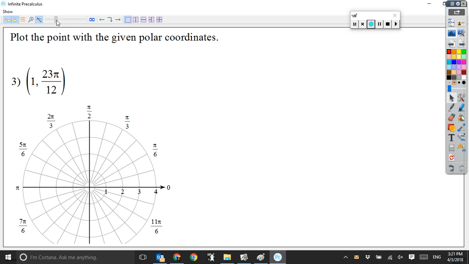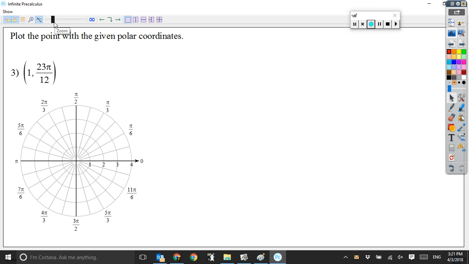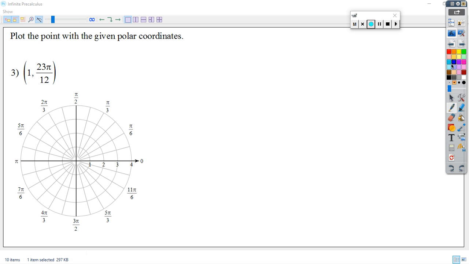Next, we'll look at one that instead of being in degrees is in radians. My radius is 1, so I'm going to be on my inner circle. And my angle is 23 pi over 12. That is not on my circle. But if I want to figure out where 23 pi over 12 is, 23 is in between 22 and 24.